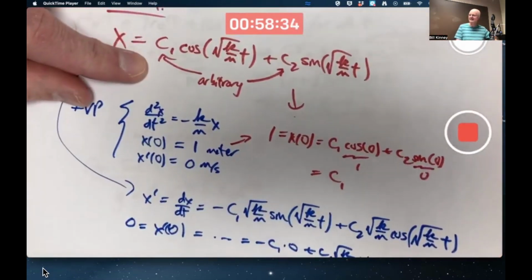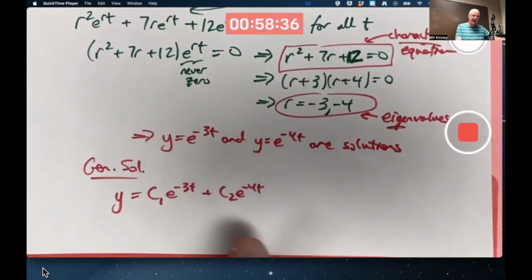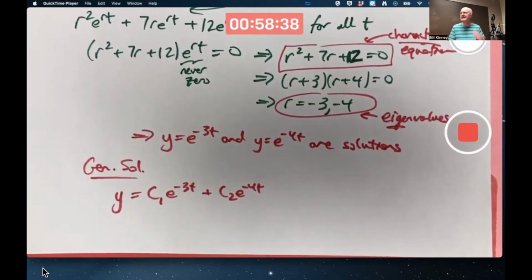But this is a pure cosine and sine with no decay. This is pure decay. Is there something in between? Yes, there is. You can have a small amount of friction that gives you some oscillation, but the amplitude decays to 0. It's like an exponential decay times a cosine or a sine.